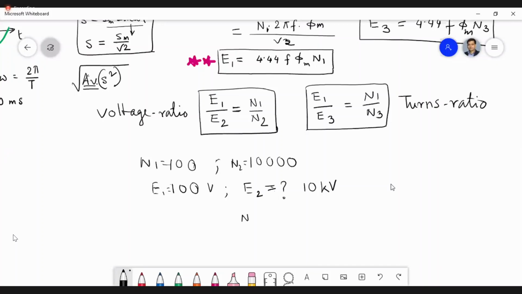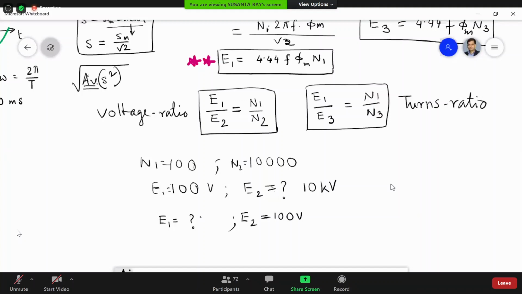Suppose here you have E2 is 100 volt. Because you have 100 volt only, you don't have 10 kV. So what will be your E1? It will be 1 volt.